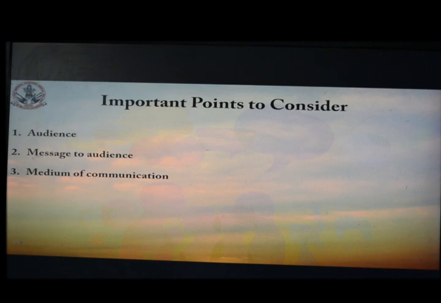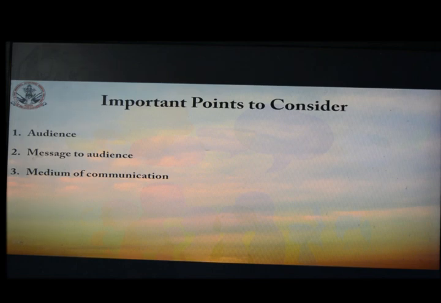Accordingly, we have to communicate. Then the second point is message. The message must emphasize benefits for society, humanity, education purposes, etc. And for all of this, the medium must be easier, accessible, relevant and meaningful for the selected audience.